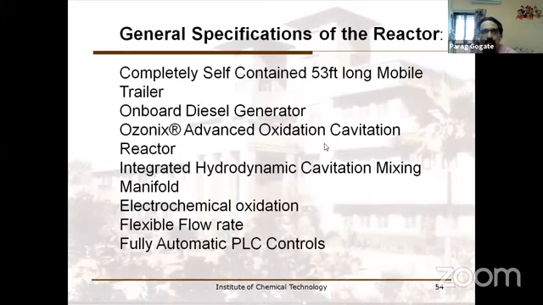And general specification. Now the original application was for treatment of frac water. So frac water is typically generated when you have oil exploration or natural gas explorations. So that water needs to be treated and recycled back. The problem is typically these oil wells have a shelf life.